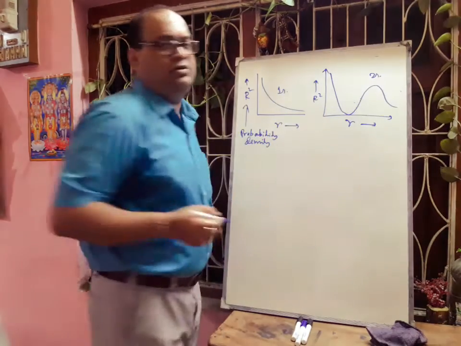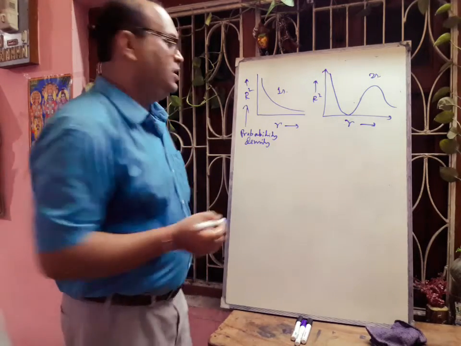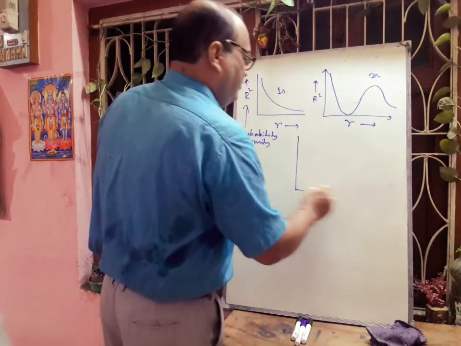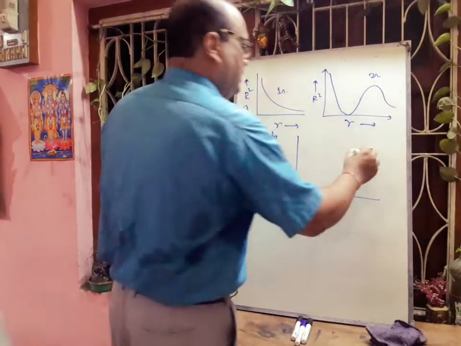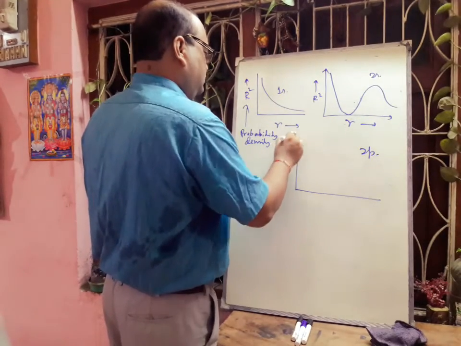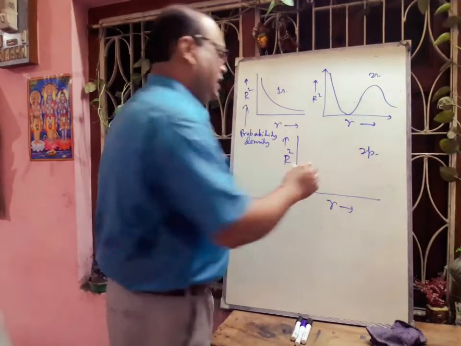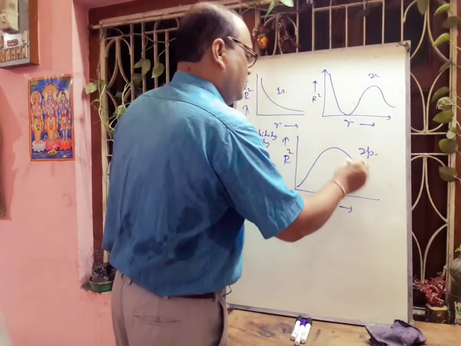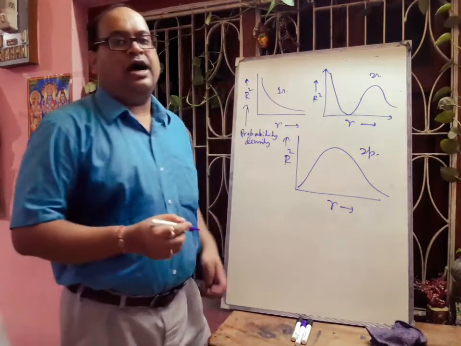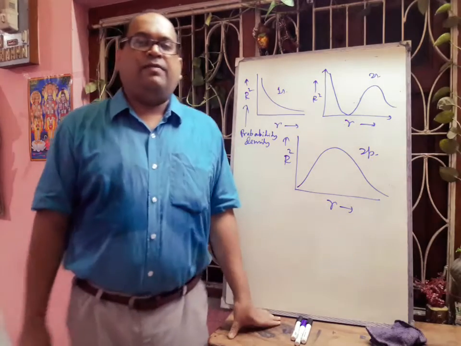So this one is the node, where the probability of finding electron is 0. Now if we draw the curve for 2p orbital, there is R square versus r. So we will get a hump like curve here also. This is the curve for 2p orbital.